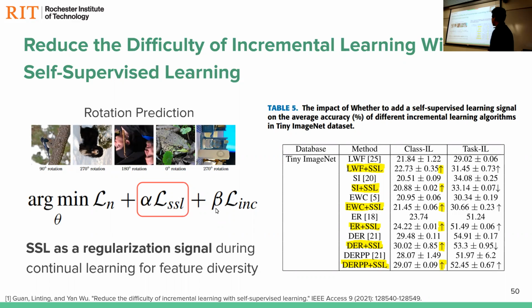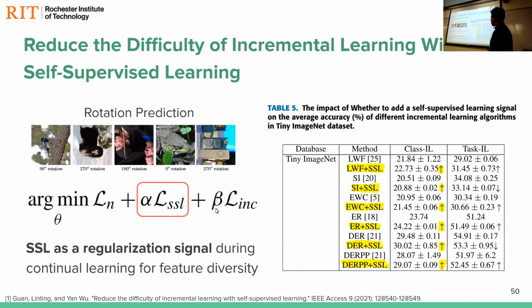On this equation, this loss L_n is just the normal cross entropy loss that you use for supervision. So you have labels and you check how your predictions compare to the labels. Then you have this other loss called loss incremental, which comes from the continual learning part. So this loss is ensuring that you won't have forgetting.